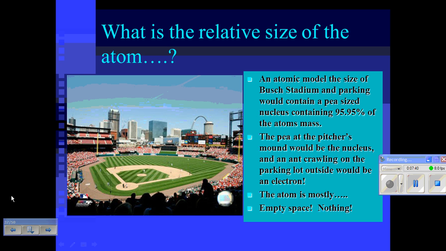of Busch Stadium. So, what did Rutherford discover? He discovered the nucleus. The positive particles were all in the center. And just as important, he discovered that the atom was not a solid pudding-like material.